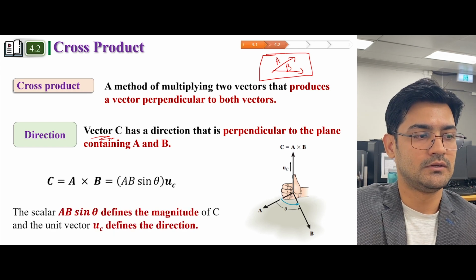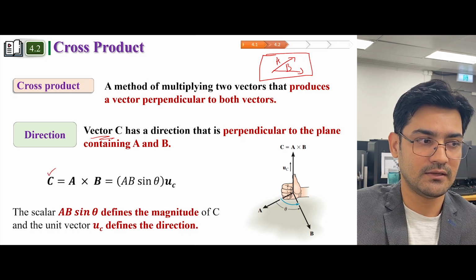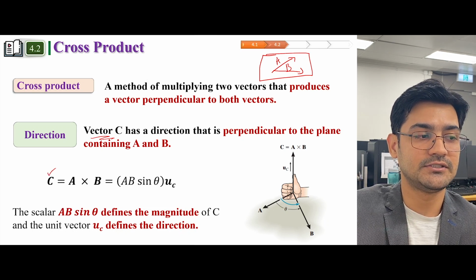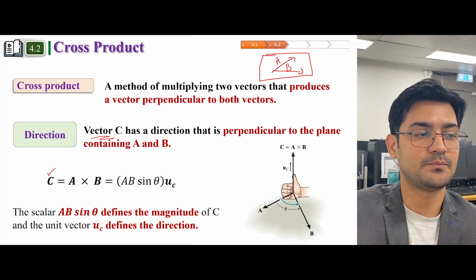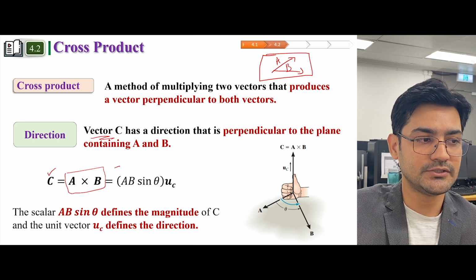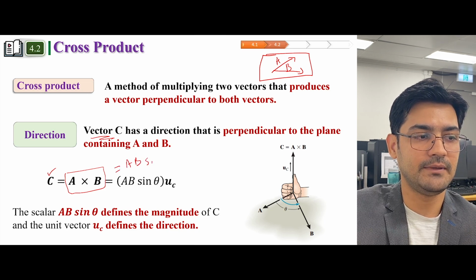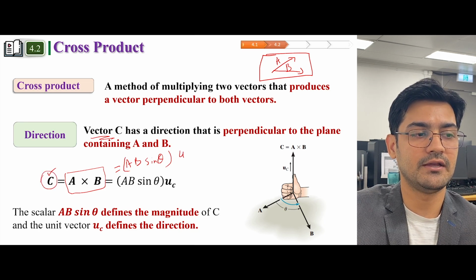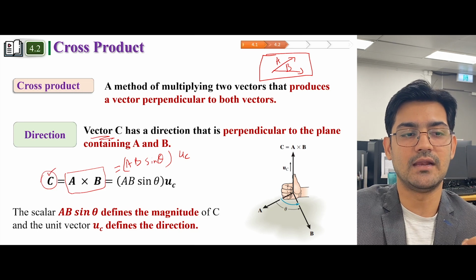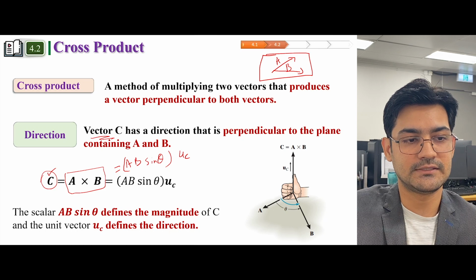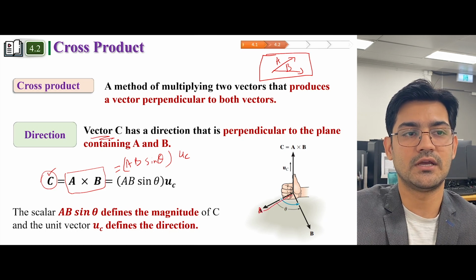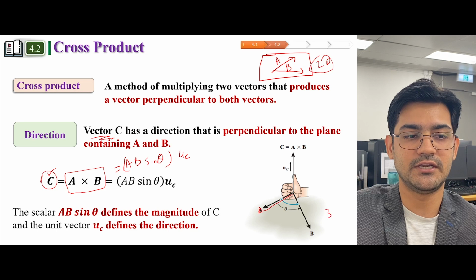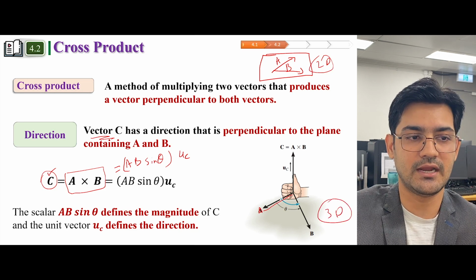This is the vector C we were talking about before, and vector C is the cross product of vectors A and B. The magnitude of that vector is AB sine theta. But since it's a vector, we also need a direction. That direction is calculated using the right hand rule. This was a 2D figure, and now this one is a 3D figure to better illustrate where the direction would be.